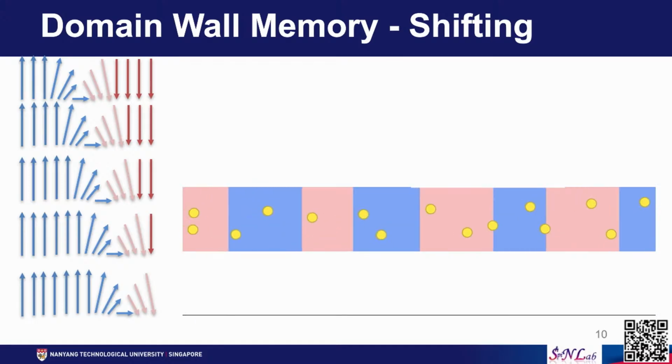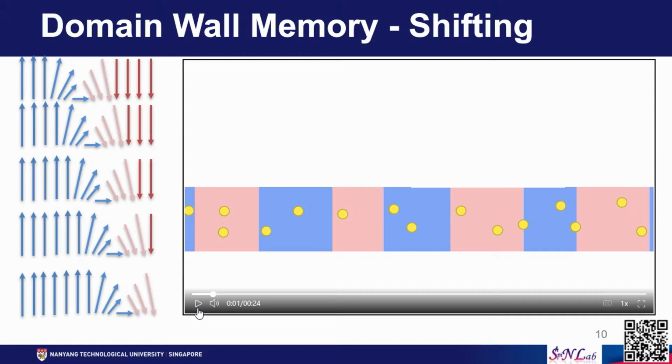You send a current through the ferromagnetic layer, and we learned a concept, right, spin transfer torque. Here we are looking at the motion of domain walls because of spin transfer torque. Let us imagine that there is one up domain here and a down domain here, and this is the domain wall.